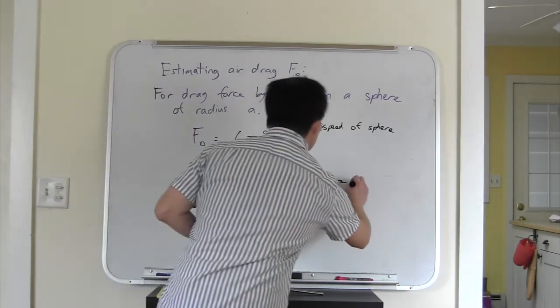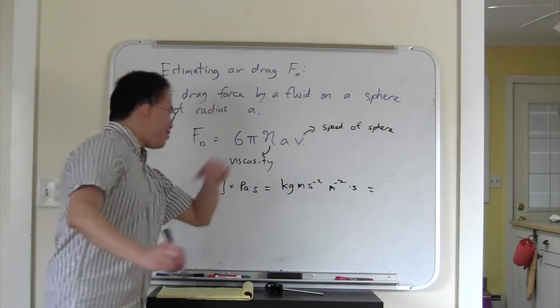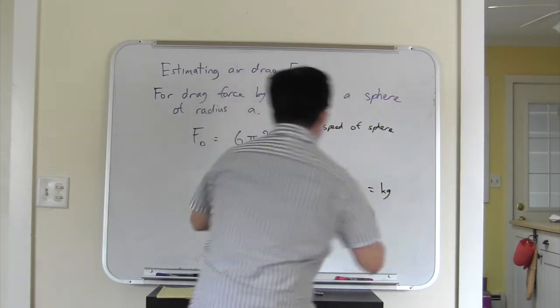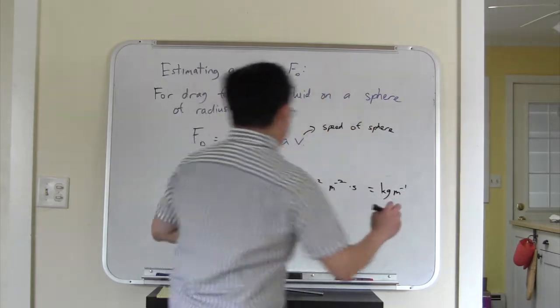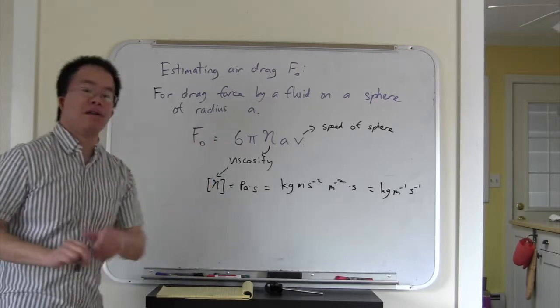Times seconds. And if I combine things, I have kilograms, meters to the -1, and then seconds to the -1.